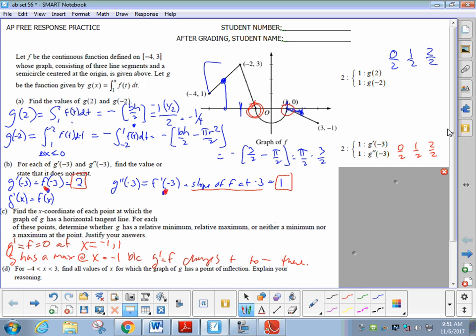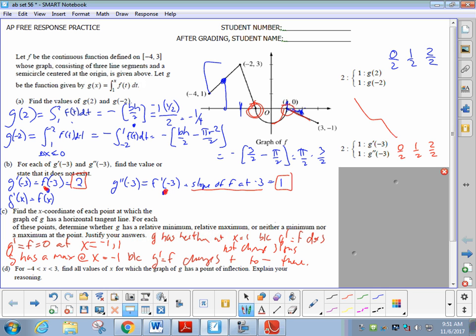You could say that G is decreasing then decreasing there because F is negative and negative. So it was decreasing, flat, decreasing, it's just neither. And you say that. G has neither at x equal 1 because, something along the lines of, G prime equals F does not change signs there.